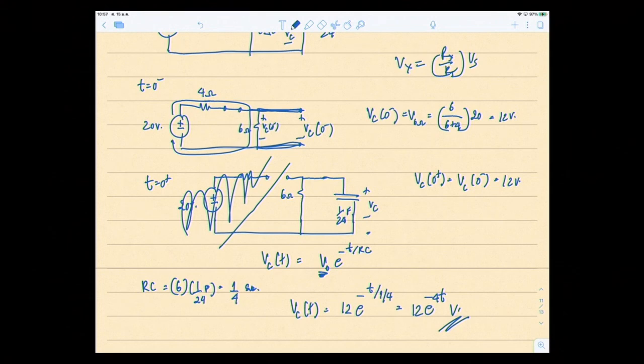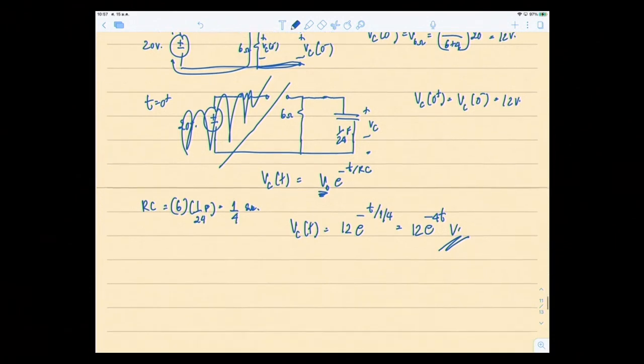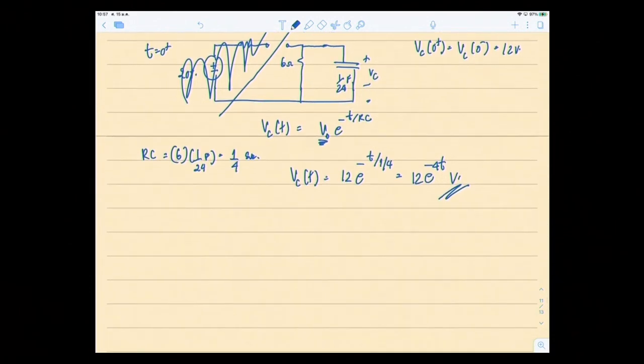Okay, so that's one example. Let's go for another one. Another example: find V of t for t greater than 0.